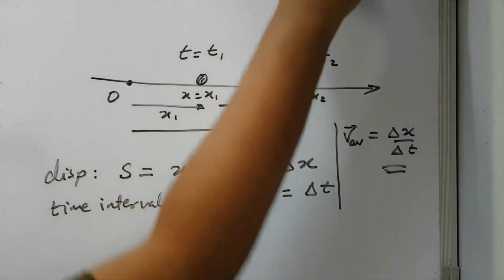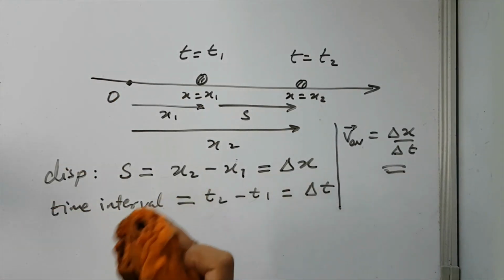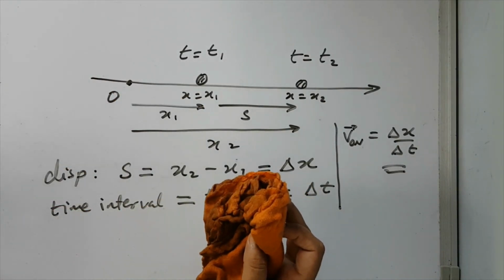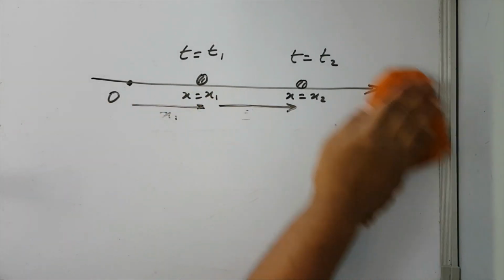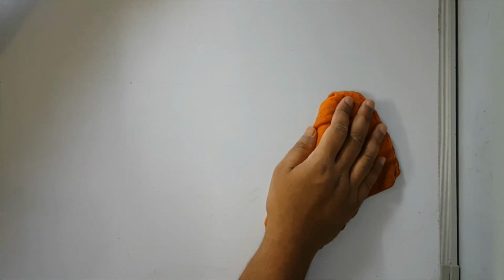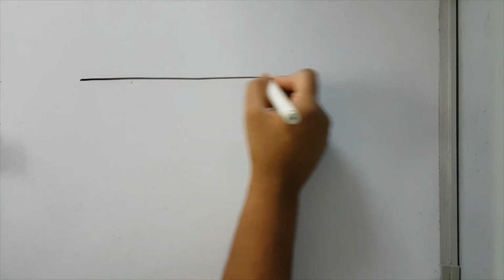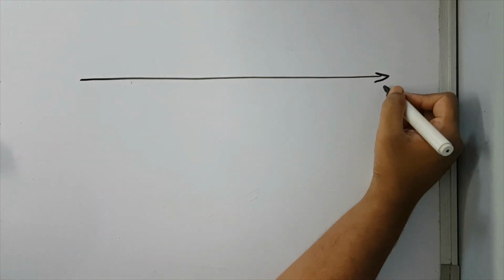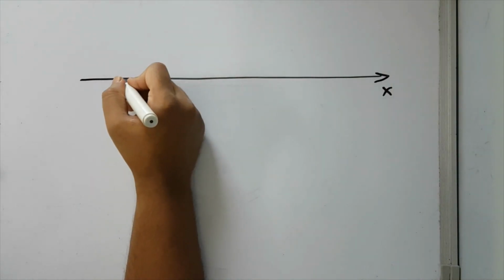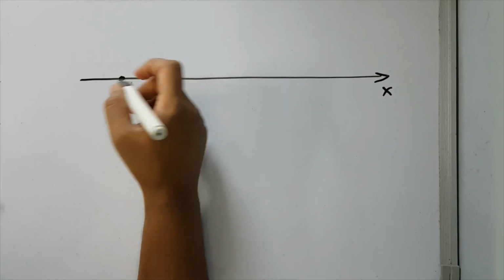Now if you want to calculate the instantaneous velocity, I've told you this before. What we do is we bring down the time interval. We think the time interval is very, very small.